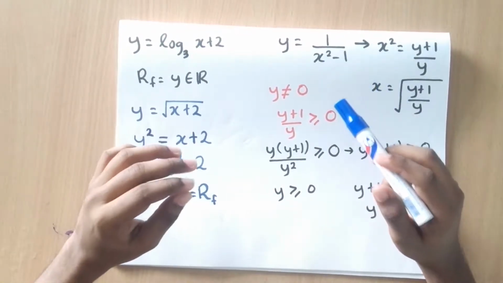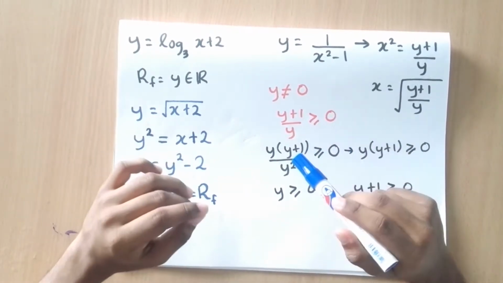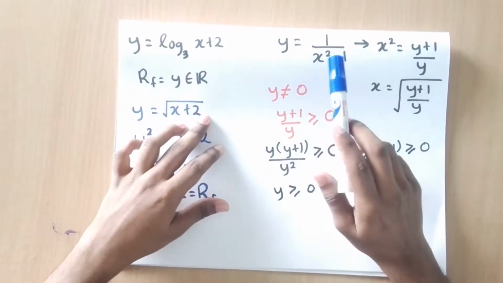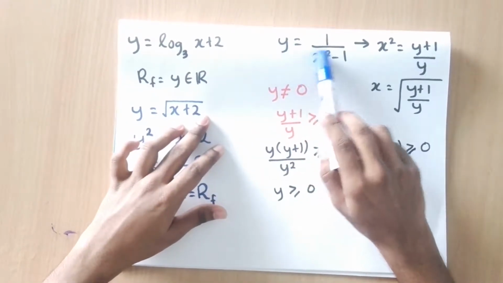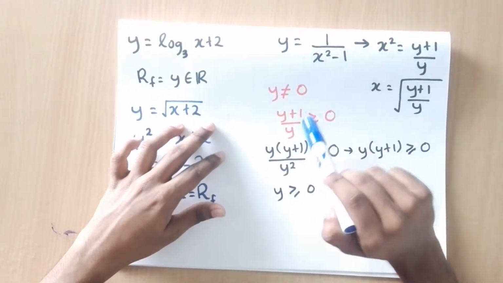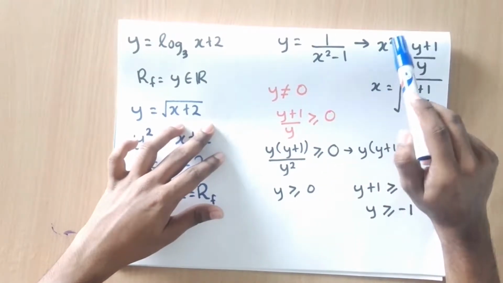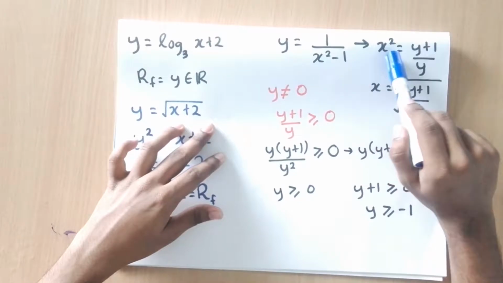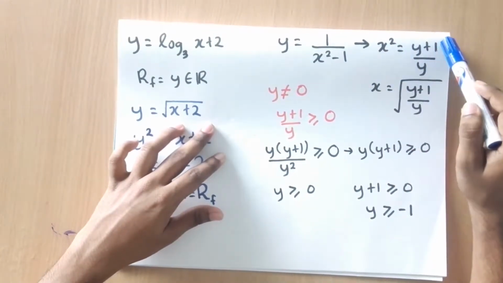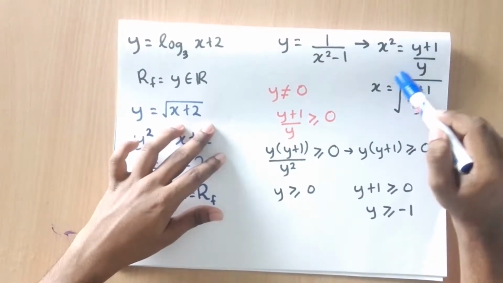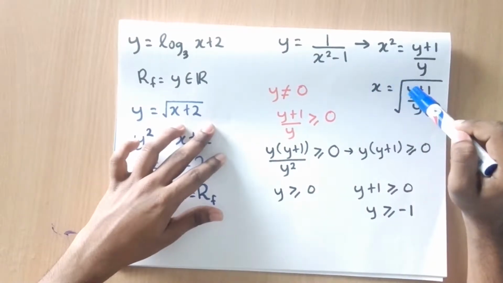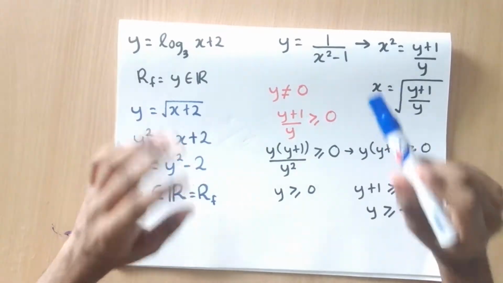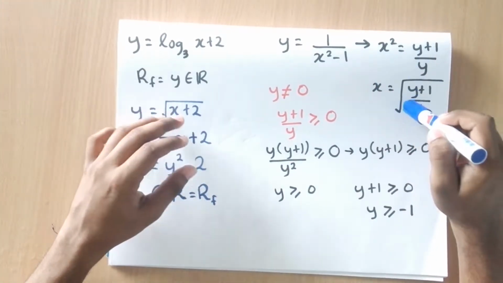Similarly, for fractions, you make x the subject and then find the restrictions. So let's take this function y equals 1 divided by x squared minus 1. Then we make x the subject and get the equation x squared equals (y plus 1) divided by y. And we get x equals the square root of (y plus 1) divided by y. So now we need to find the restrictions.